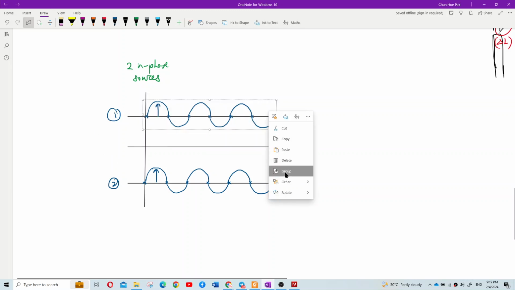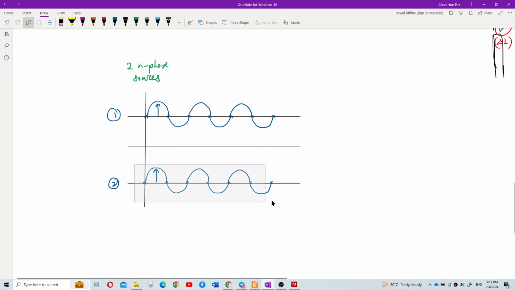Okay, this one also I group it. Now, class, there are two in phase sources because initially both are going up. Now, okay, you can see in the end, they are also in phase, isn't it, class?